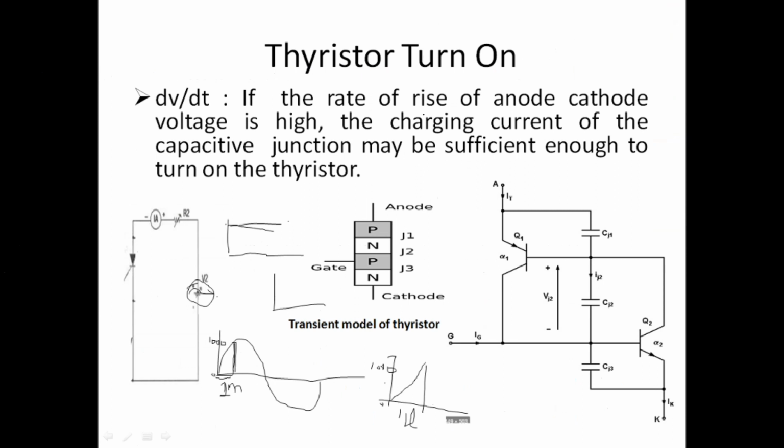If the rate of rise of anode cathode voltage, meaning we have applied some voltage source like this between anode and cathode. How can we measure the rate of rise?